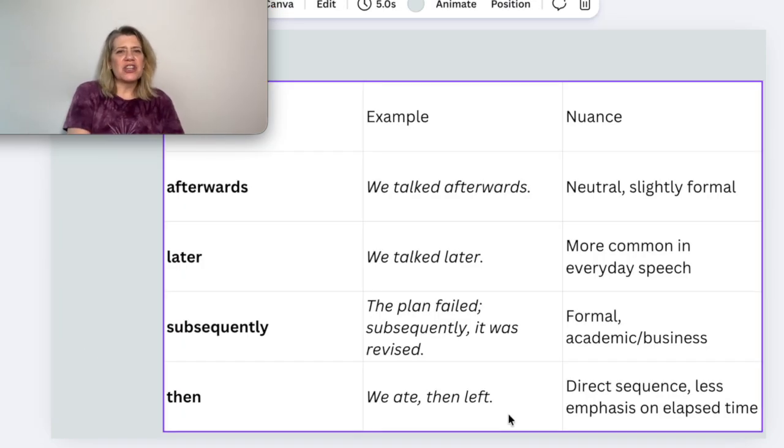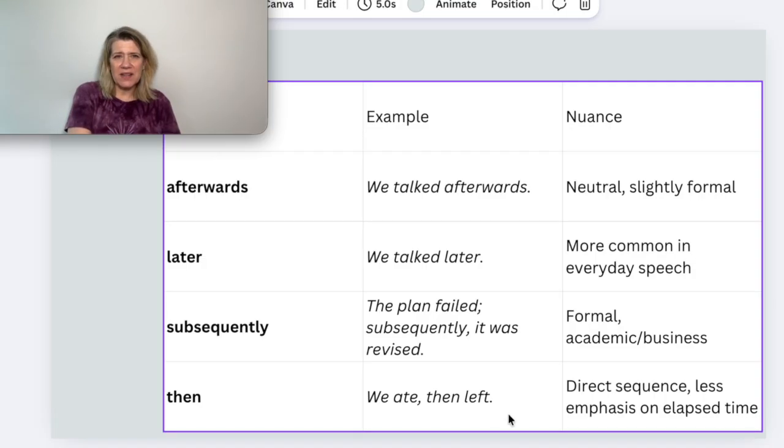There are different nuances with afterwards, later, subsequently, or then. So afterwards has a slightly formal or neutral tone. We talked afterwards. We talked later. We talked later is more like a common everyday usage. It's not so formal. The plan failed. Subsequently, it was revised.